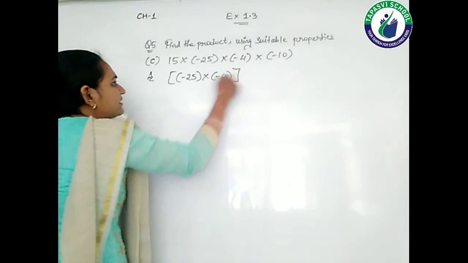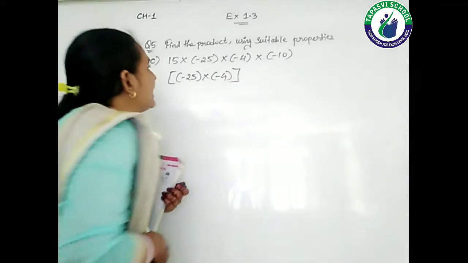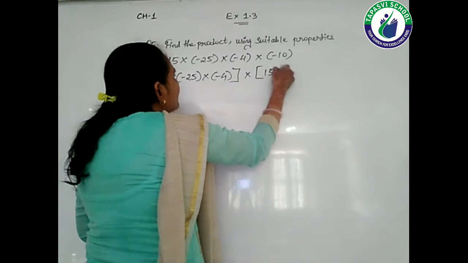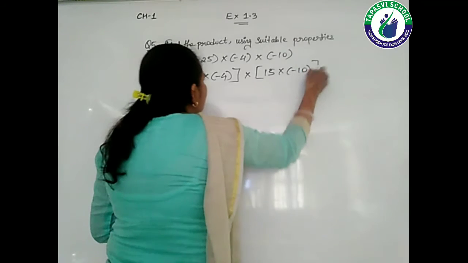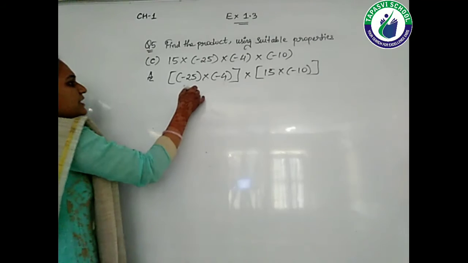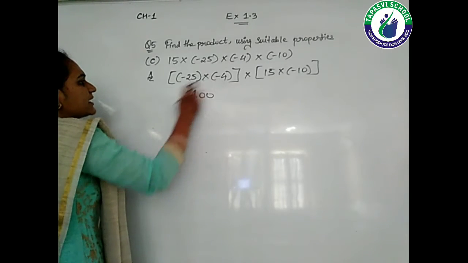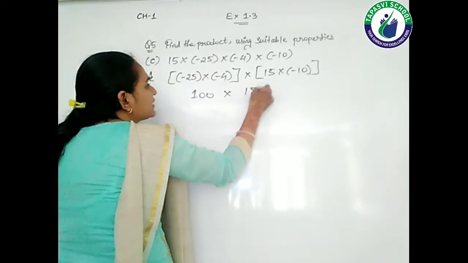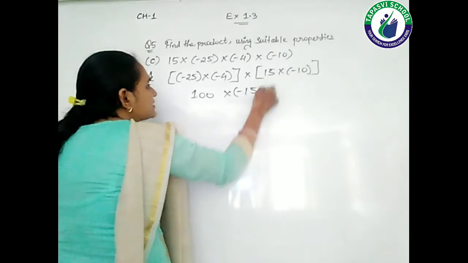Why I have selected, I will tell you later on, right? And then I will make another group of 15 into minus 10. Here also we are following the commutative property only. Now 25 fours is 100. So minus minus becomes plus. Multiply by 15 tens it is 150. Plus minus it is minus.